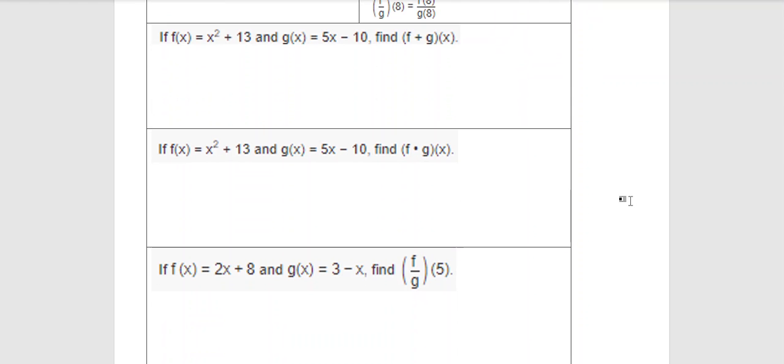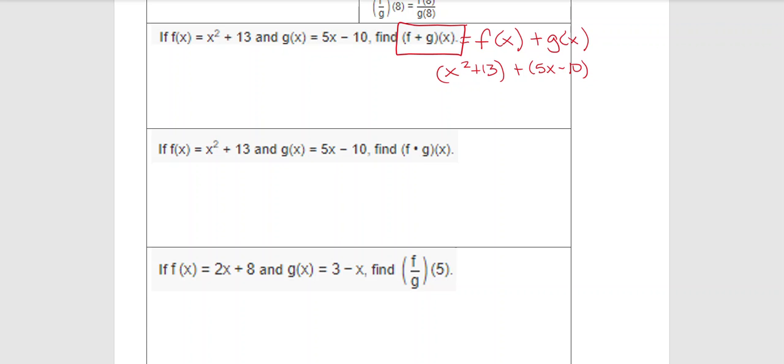So if we're doing f plus g of x, that means I need to rewrite that as f of x plus g of x. So go back and look at what they tell us the functions are for f of x and g of x. F of x is x squared plus 13. So we're going to do x squared plus 13. G of x is 5x minus 10, plus 5x minus 10. So in order to add f of x and g of x, that means I'm adding the x squared plus 13 and the 5x minus 10 because that's what those values are.